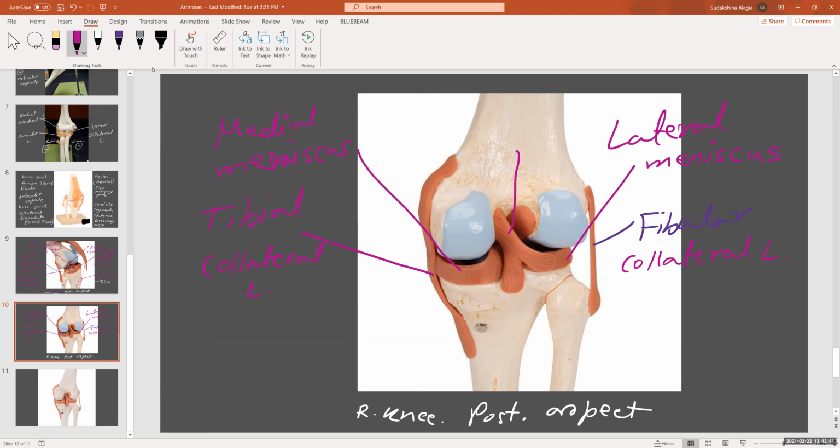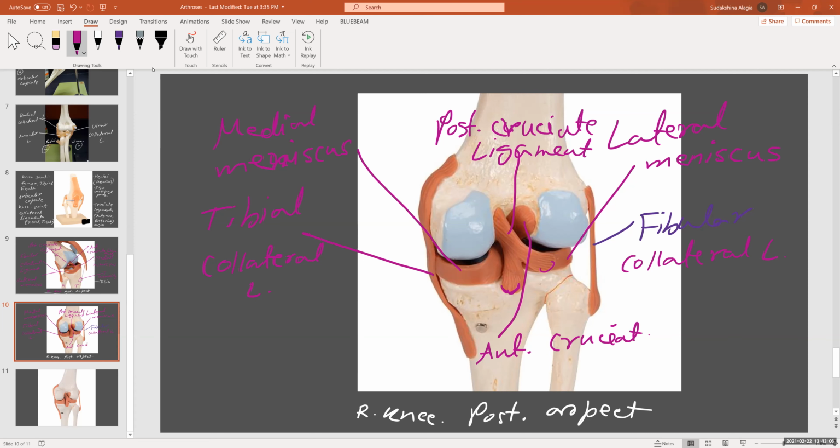We can see the posterior cruciate ligament, originating based on the origin, and you can see the anterior cruciate ligament as well. So basically we can see all the structures that we are studying from the posterior view.